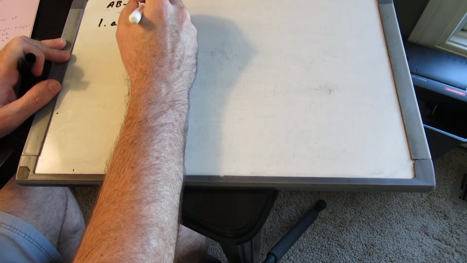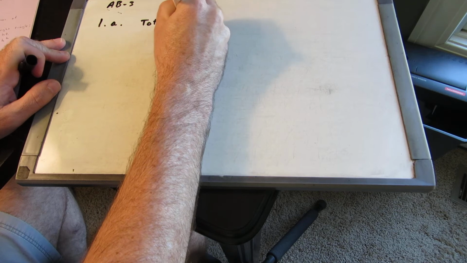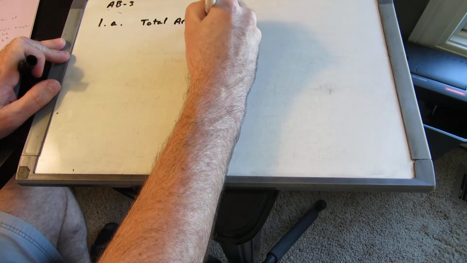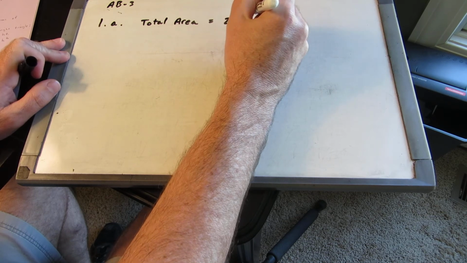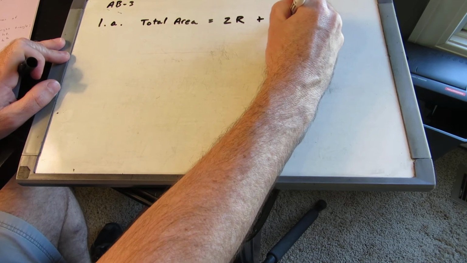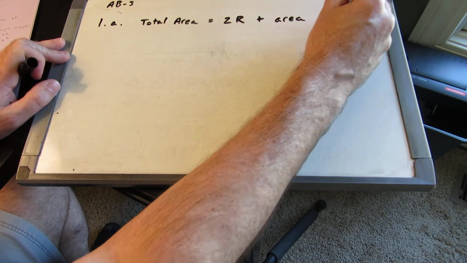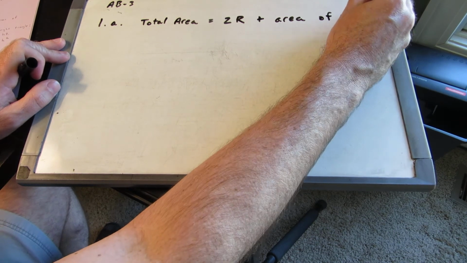So the total area is equal to 2 times the area of R, so we'll say 2 times R, plus the area of sine of x squared.